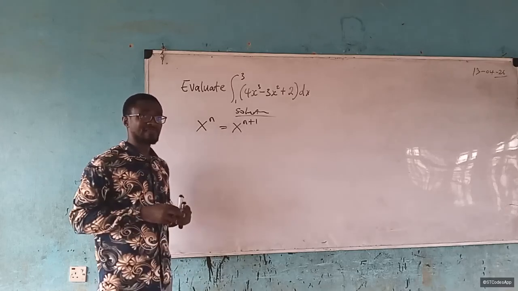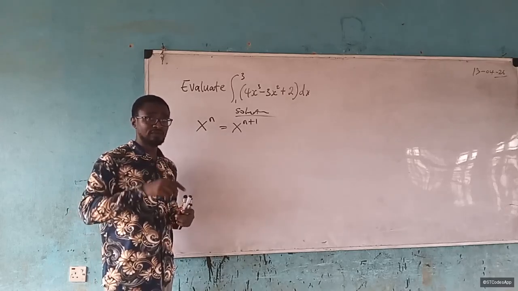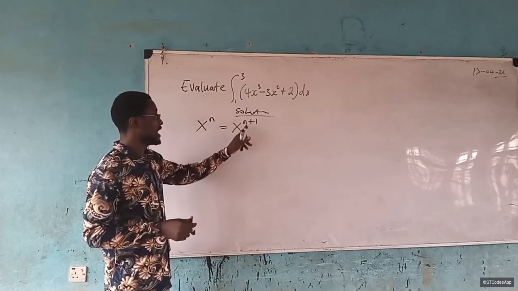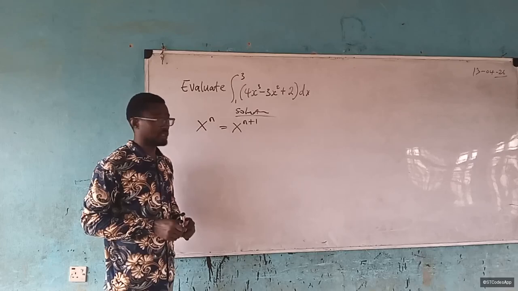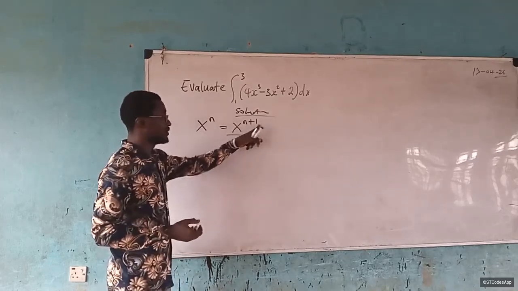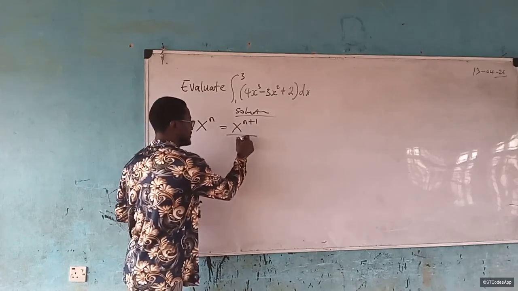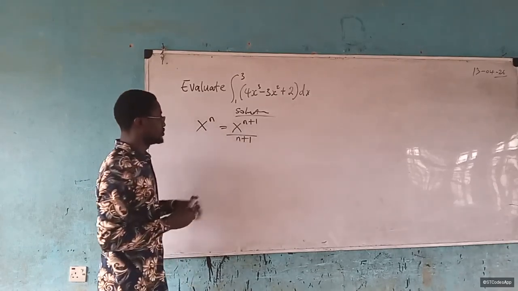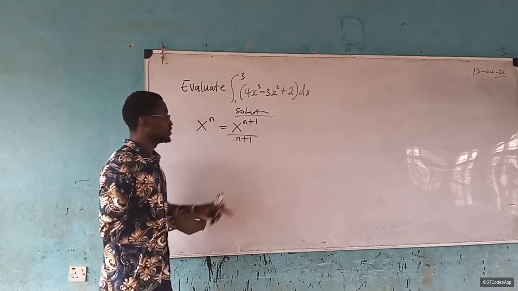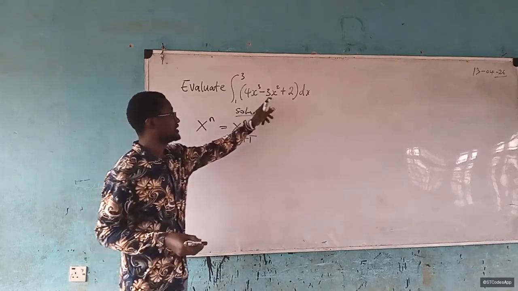So whatever the power of your given algebraic term is, we are going to add 1 to that power. Then divide everything by the new power, which is n plus 1. So what you are seeing here is the main formula for integration. We are going to be applying this on each of the terms you are seeing here.